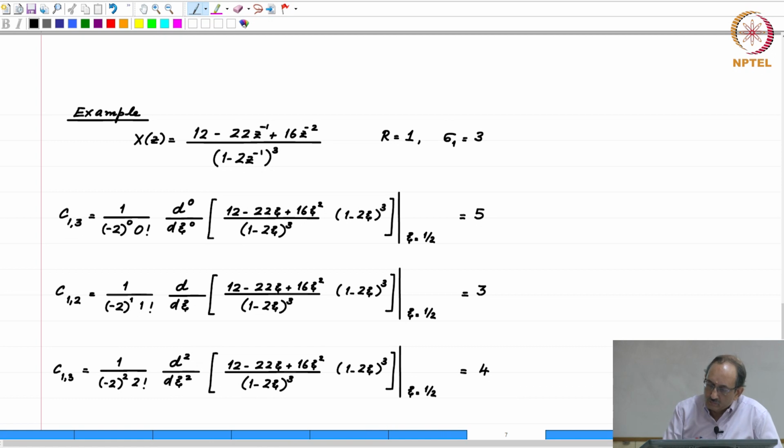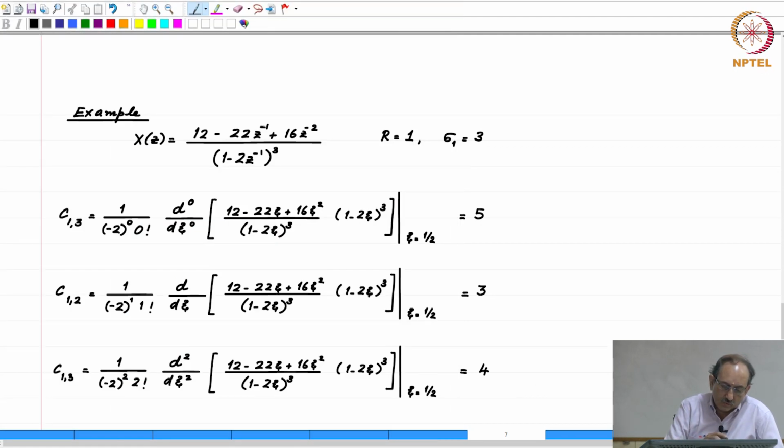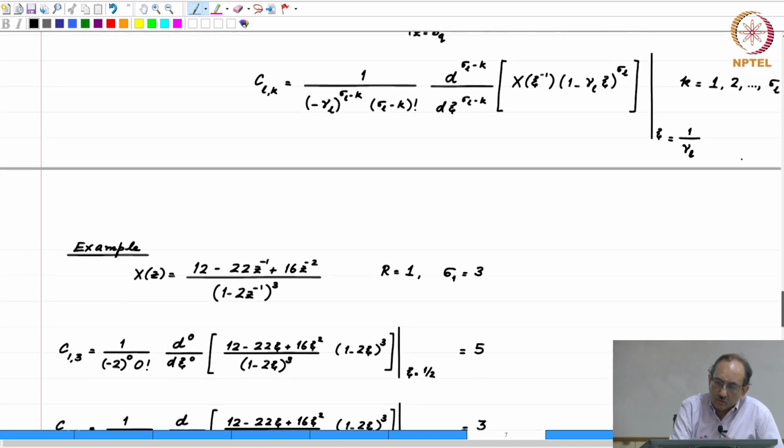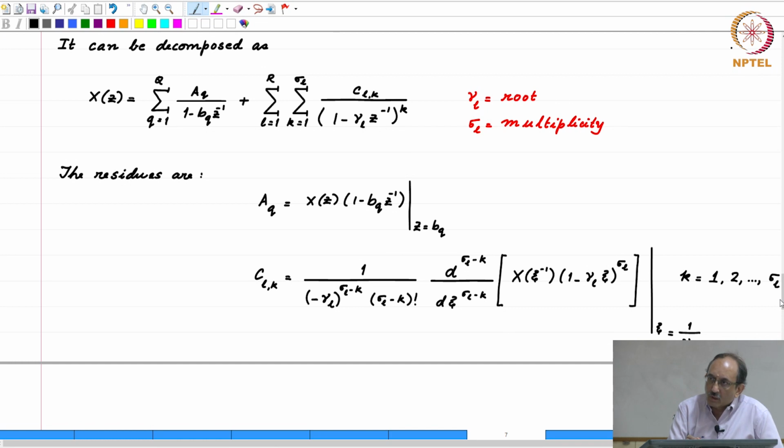So, exactly, MATLAB gives you this, and again it is good to work a couple of exercises using this formula, but again I do not expect you to remember this.